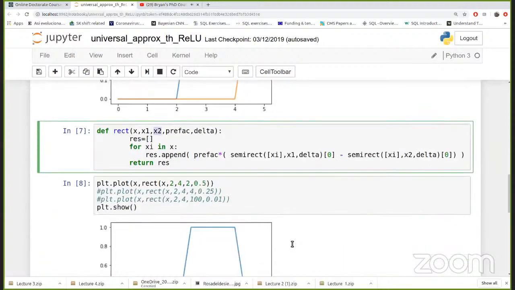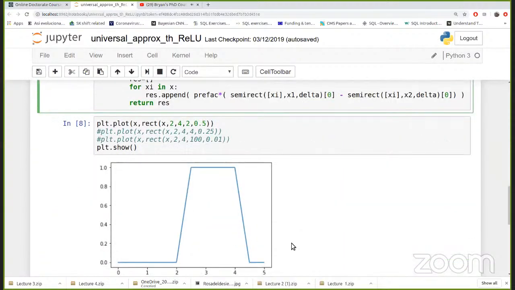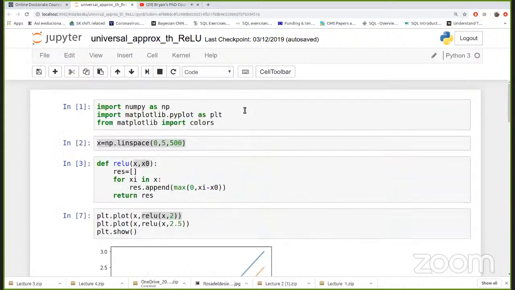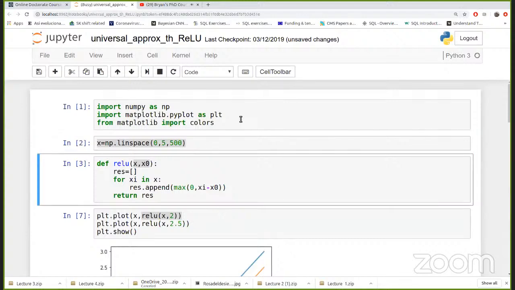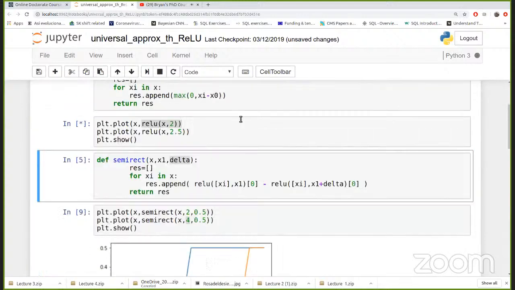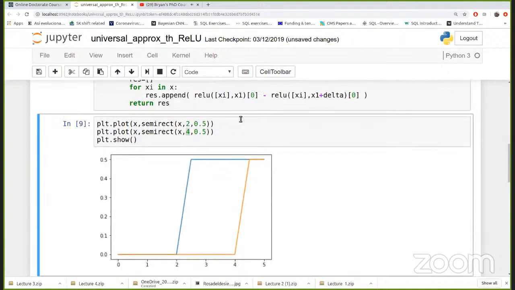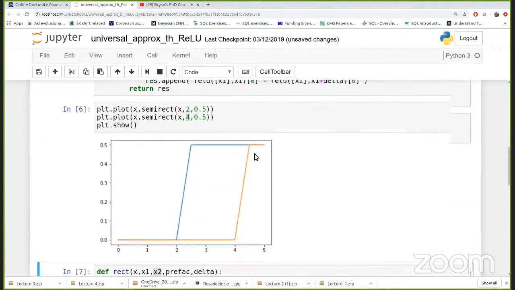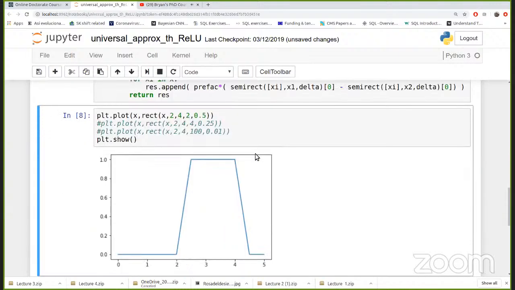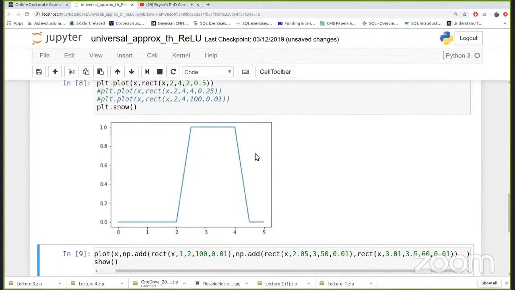And when I do that, I get this, right? So let me execute this and see if this works. Right, so it's like this. And then I am defining this rect, and then plotting it.